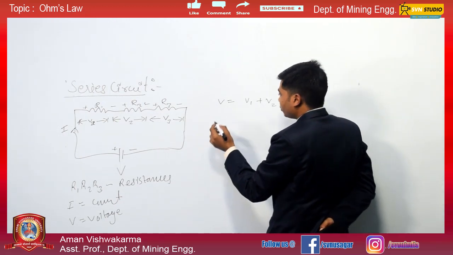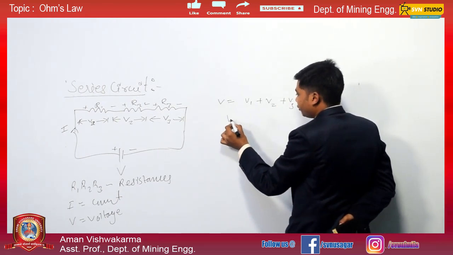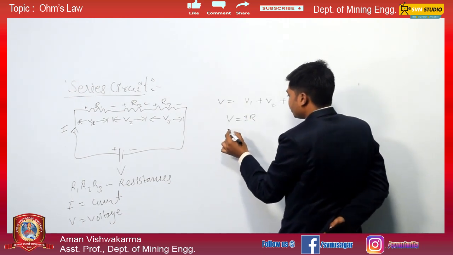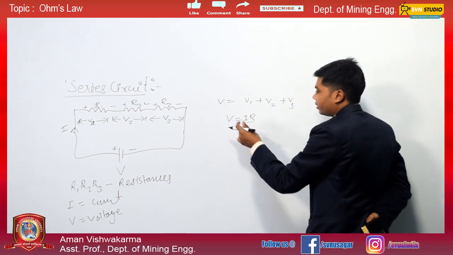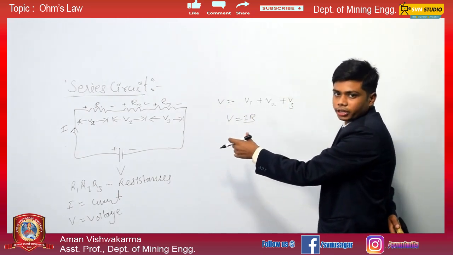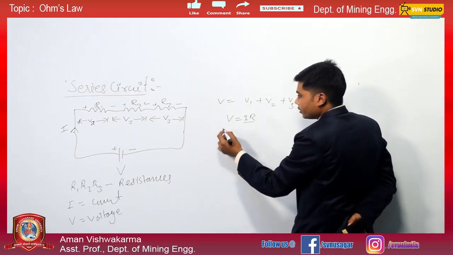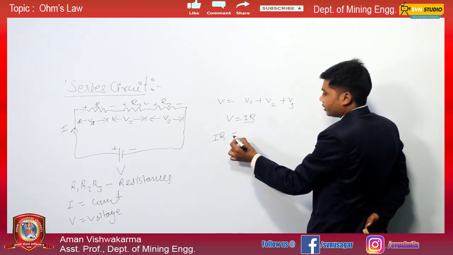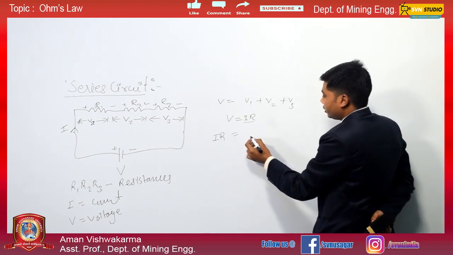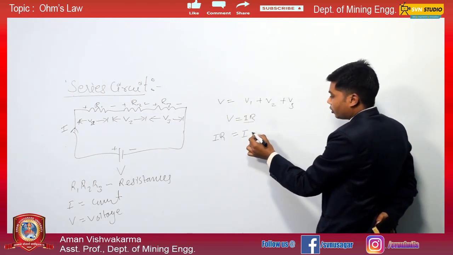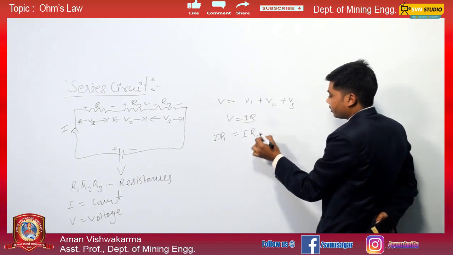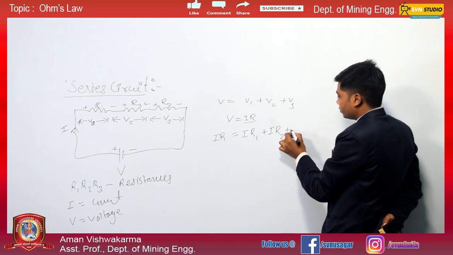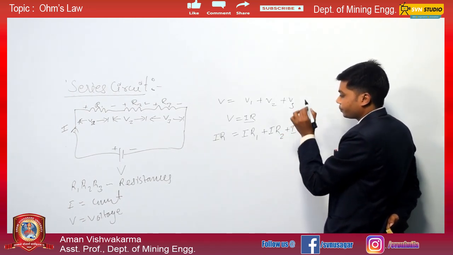According to Ohm's law, V equals IR. What is the value of V? The value of V is I into R. So, we will write the voltage in the form of current as well. V equal to I into R. Here, since I is common, V1 is I into R1, plus I into R2, plus I into R3.